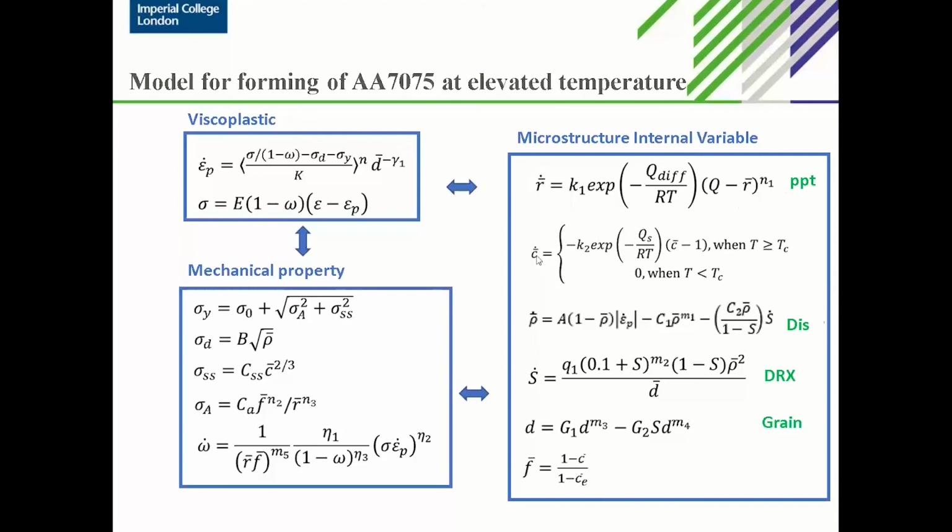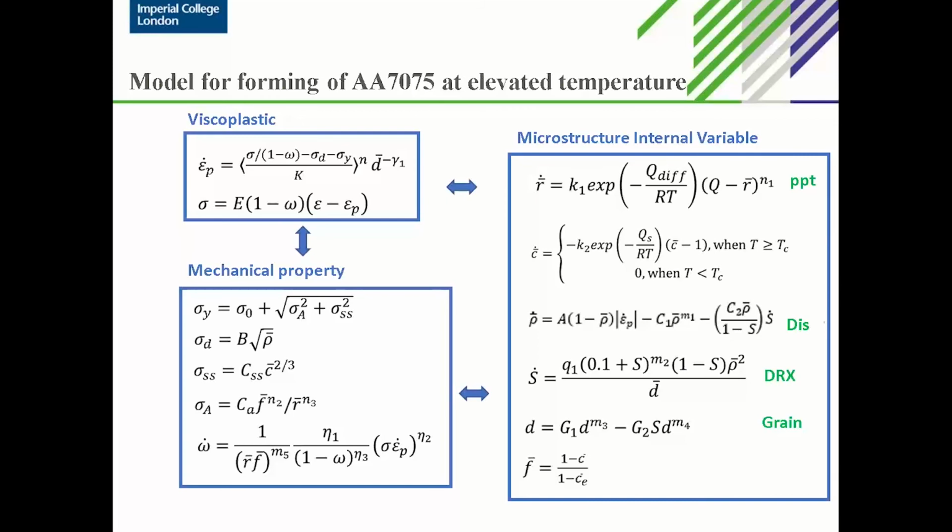We considered the radius evolution of the precipitates during the deformation, the solute concentration evolution during the precipitation, and also the volume fraction evolution of the precipitates during the deformation. These are related to the precipitate evolution and its contribution to the mechanical properties and the viscoplastic behavior. Okay, great.